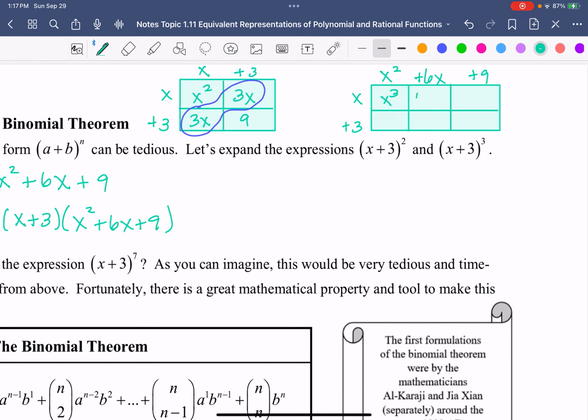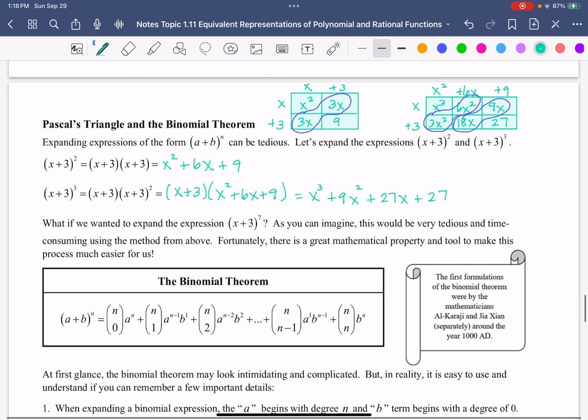You get x cubed, 6x squared, 9x, 3x squared, 18x, and then you get 27. You combine your like terms. These two are like terms, and these two are like terms. So then this is going to be equal to x cubed plus 9x squared plus 27x plus 27. Okay, so these were the answers when you squared the factor and when you cube the factor.